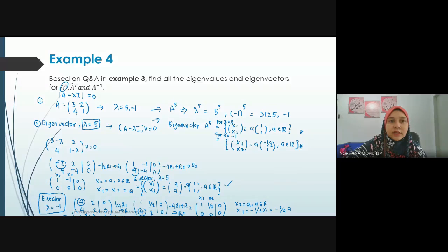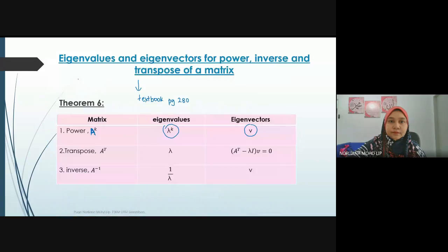Okay. And then find the eigenvalues and eigenvector for A transpose. Okay, for A transpose, you use number 2. Number 2 for the eigenvalues for A transpose equal to lambda, the original lambda.